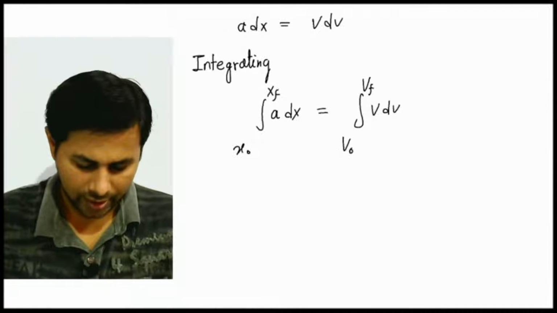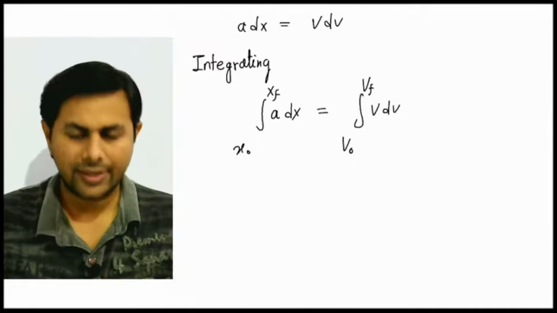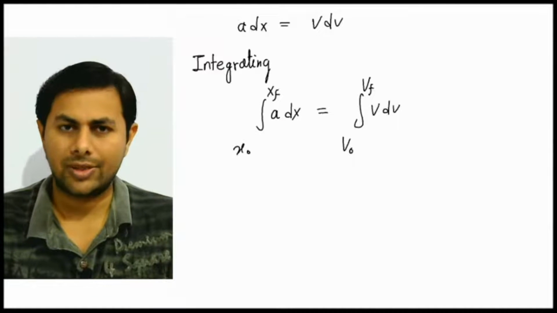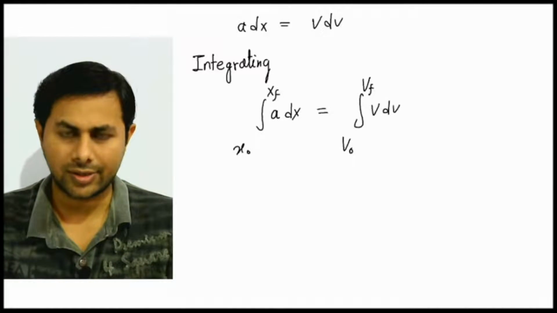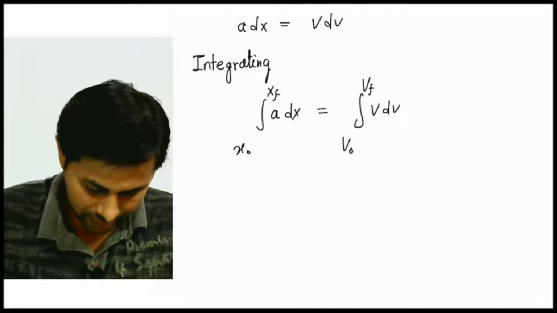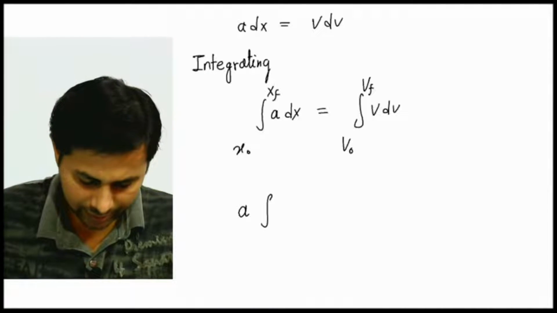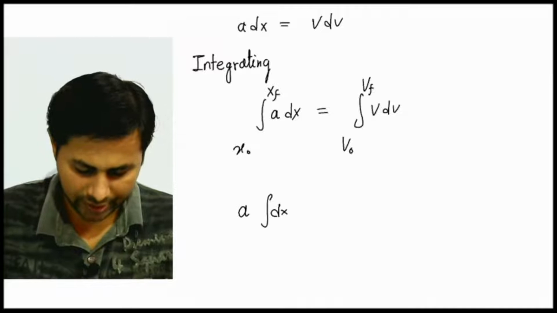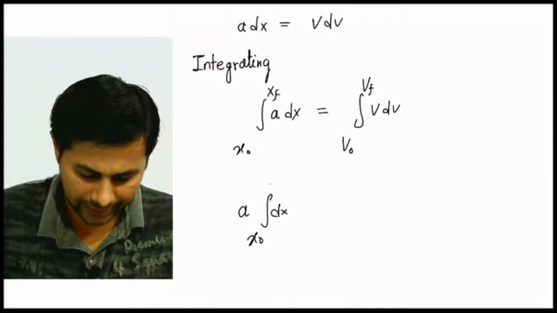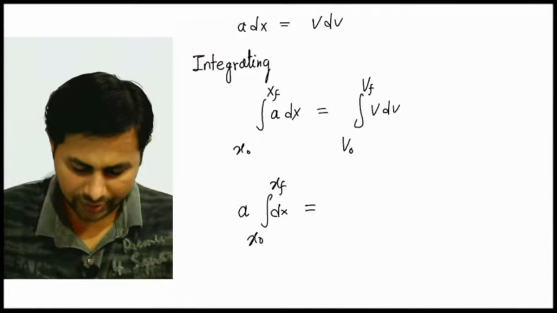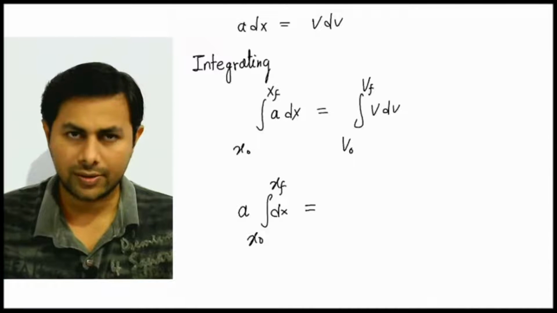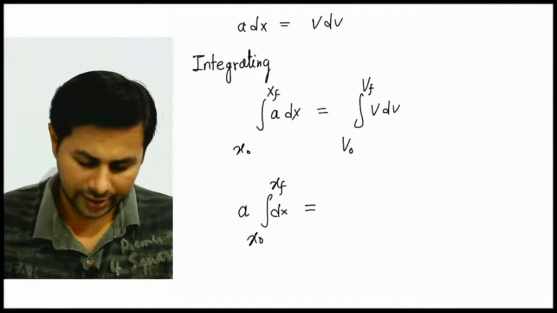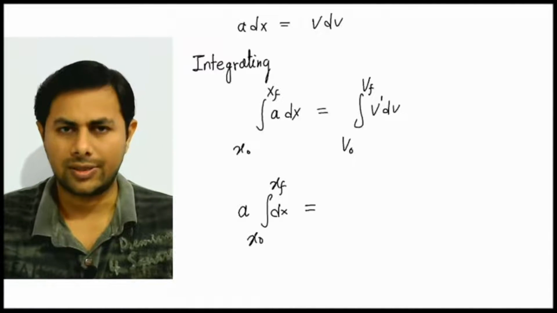Okay, so on left hand side I can take a outside of the integral because a is a constant. So I'm taking it outside. Then I'm left with integral of dx from x naught to xf, and that is equal to integral of v dv, or I can say it is integral of v raised to 1 dv.